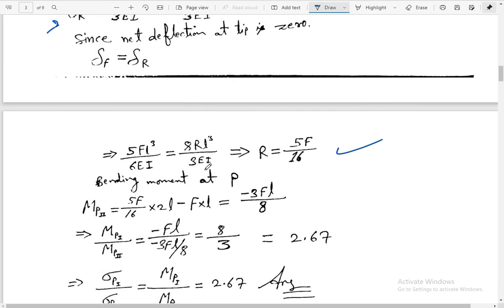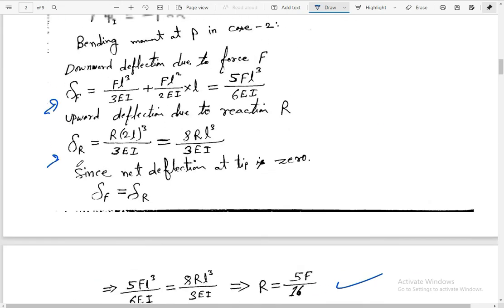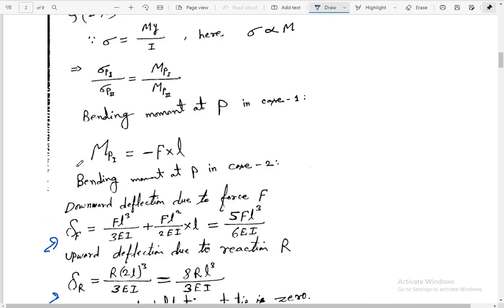Then the bending moment at P in case 2 is 5F by 16 into 2L minus FL. We will get this for MP2, and we already have MP1.